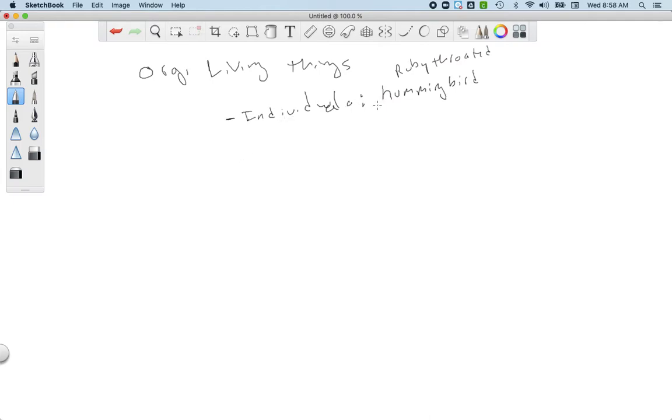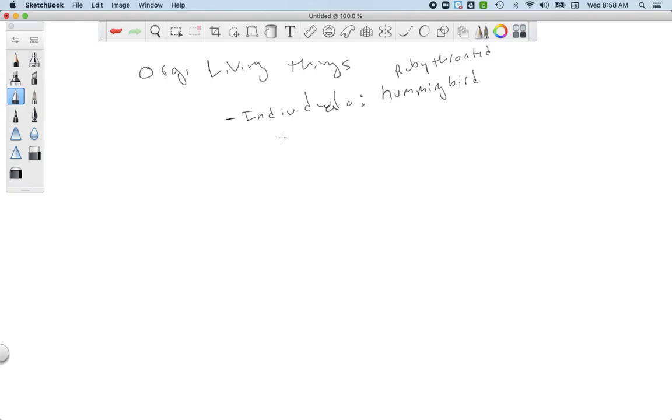So that would be one individual, and we could look at what that one individual does. And if you were studying ruby-throated hummingbirds, you might, as a field biologist, go out and look and find one ruby-throated hummingbird, or maybe you'd be more interested in one moose or one deer or one bear.